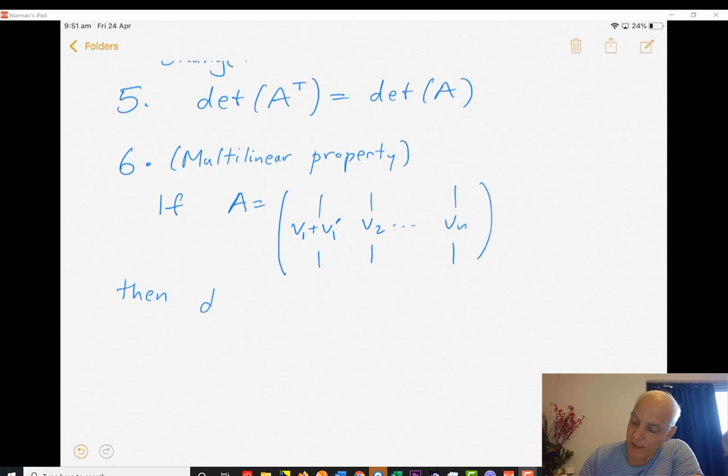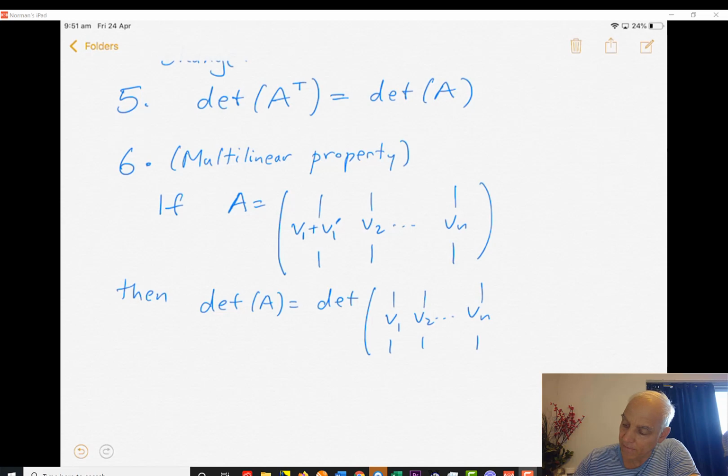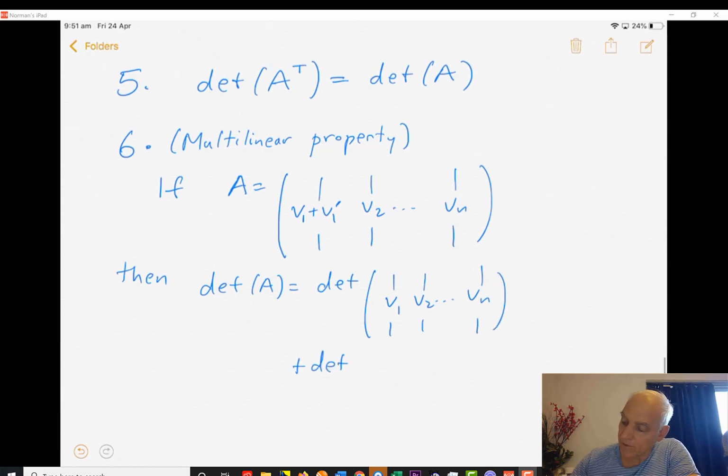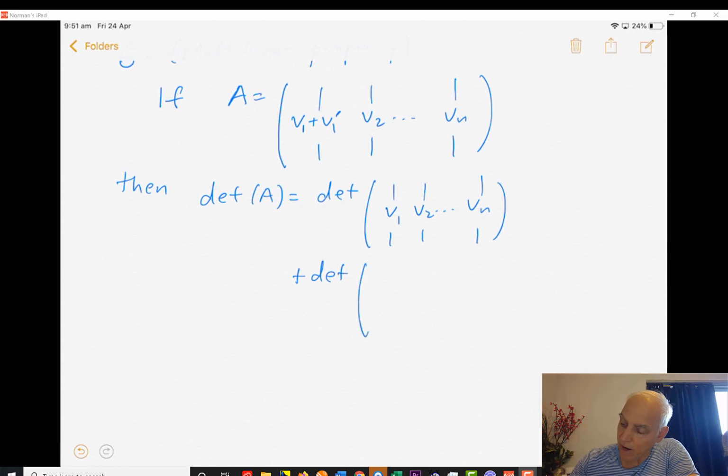the determinant of A equals the determinant of the matrix with just V1 and all the other columns the same, V2 up to Vn, plus the determinant of the matrix that has V1 prime, V2 all the way to Vn.